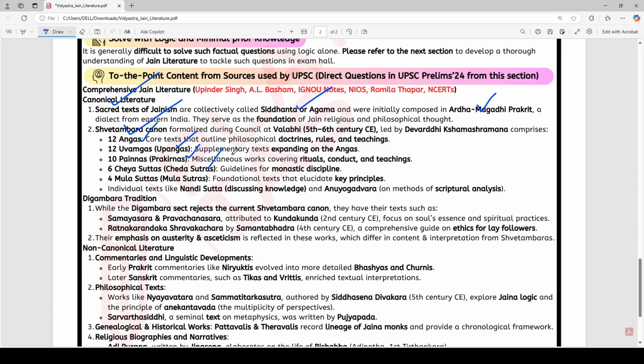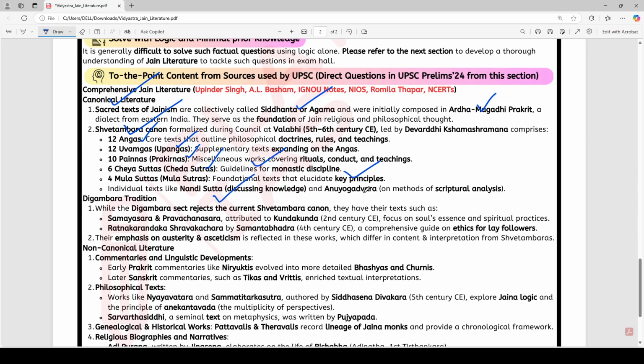If a monk is not following the guidelines of the religion, then he will be separated. These guidelines are contained in the Chheda Sutras. Then we talk about the Mool Sutras, the foundational text which lays down the key principles. So, Angas are parts, Upangas subparts, Prakirnas miscellaneous, Chheda Sutras separation if the guidelines are not followed by monks, and the Mula Sutras the foundational text.